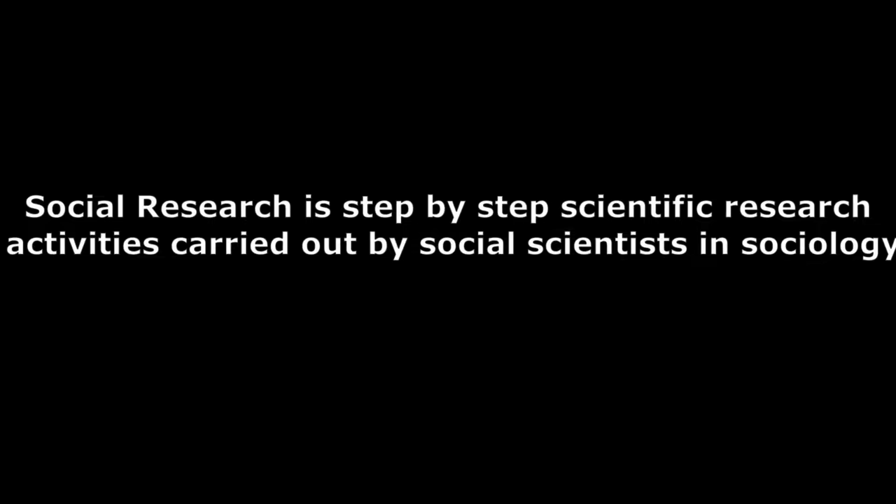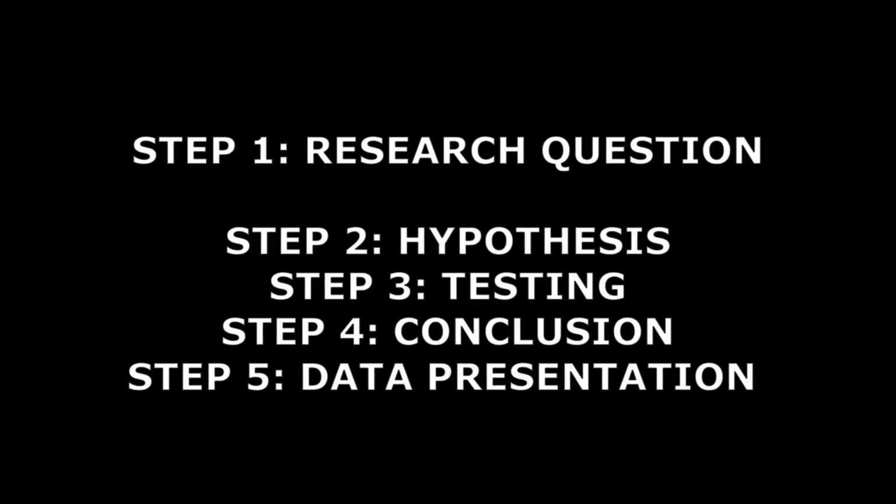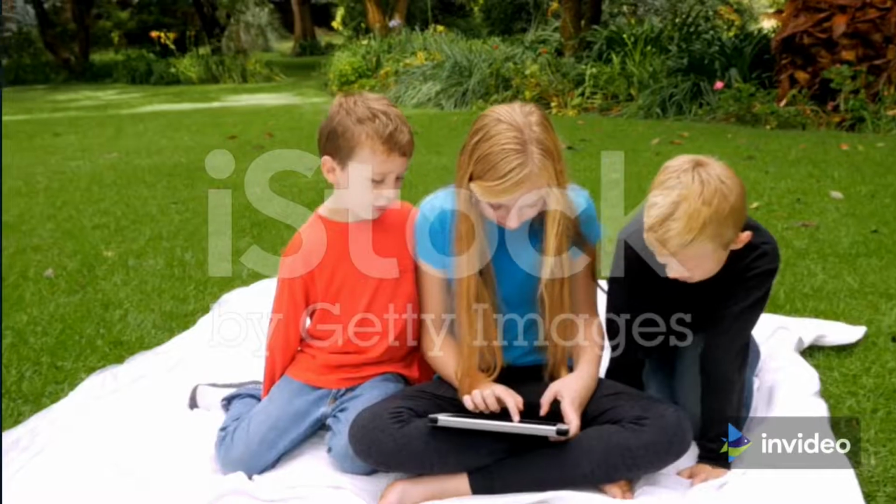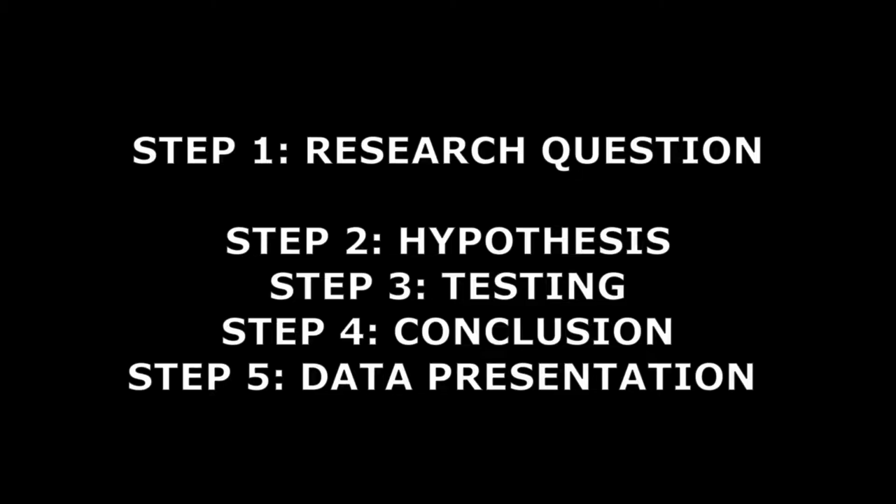Social research investigates human behavior in society, behavior such as crime. Why do people commit crime? Since we've known the meaning of social research, that it investigates human behavior and follows the step-by-step scientific method in order to find out the cause of human behaviors like crime, the next thing you need to know is the method.